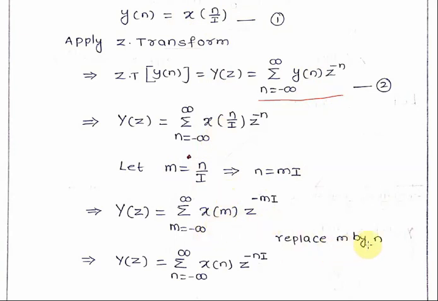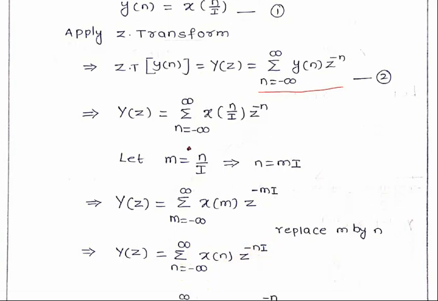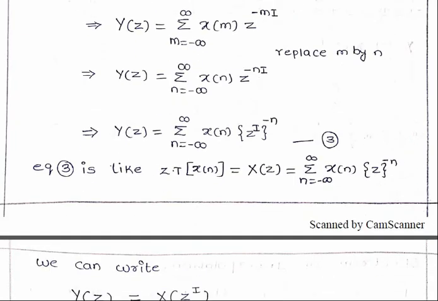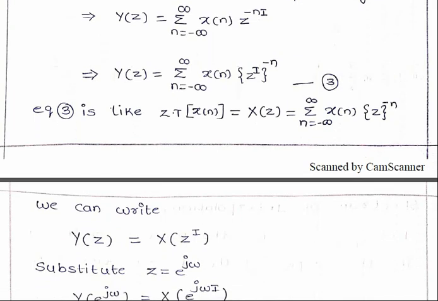Replace m by n: summation n is equal to minus infinity to plus infinity x of n z power minus n I. We can rewrite this equation like this: summation x of n, z power I, whole power minus n.